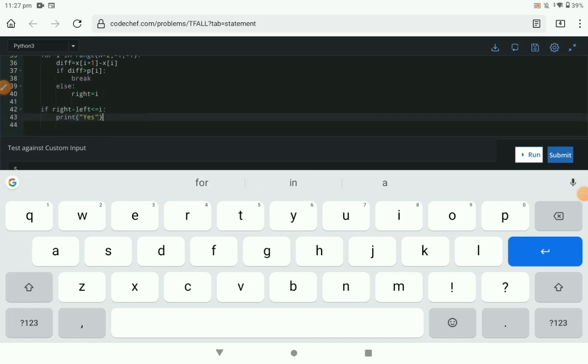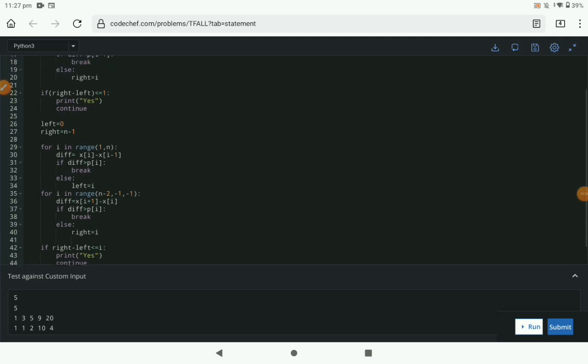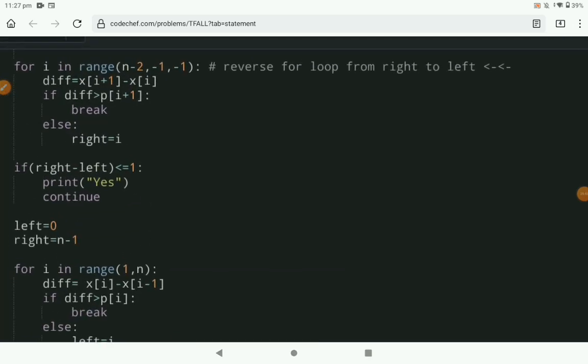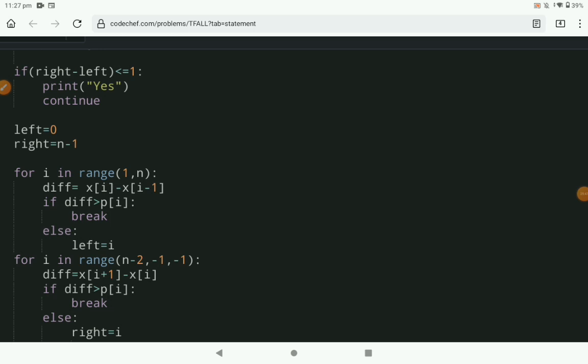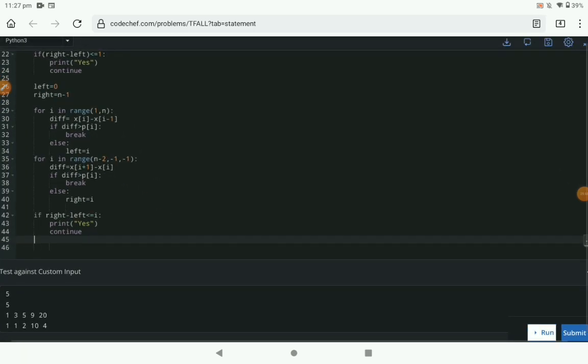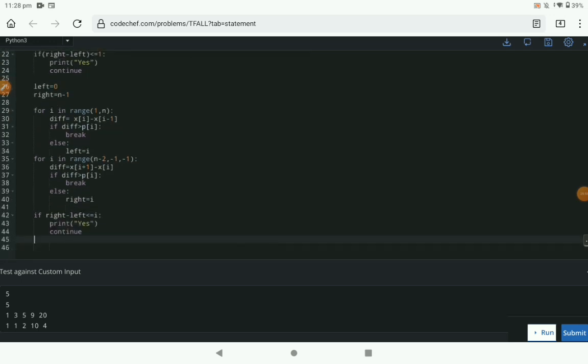You may be thinking that the upper one is similar to the lower one, but absolutely not. The codes are different. Above we compared the difference to p of i plus 1, and here we compared the difference to p of i. That's the main difference.